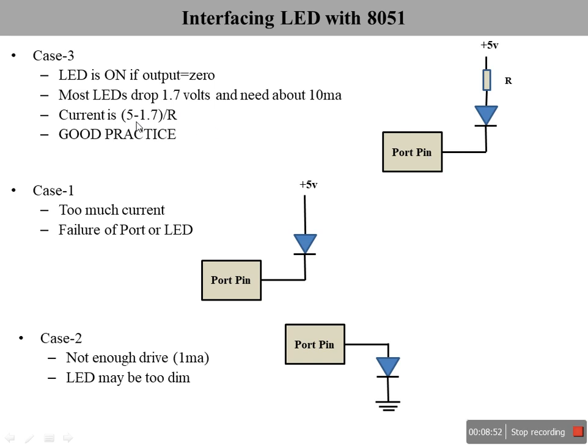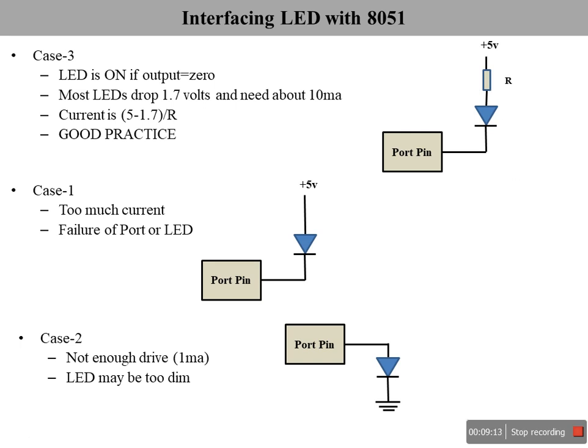So it is (5 minus 1.7) divided by R. By appropriately choosing the value of R, we can control the amount of current flowing. The required amount of current can be set by increasing or decreasing the value of the resistor. Hence, you can say this is a good practice.